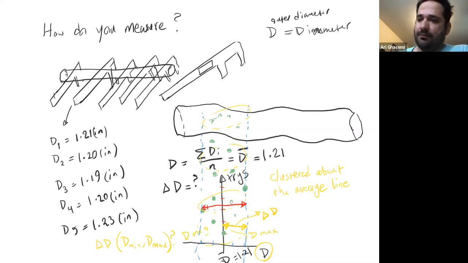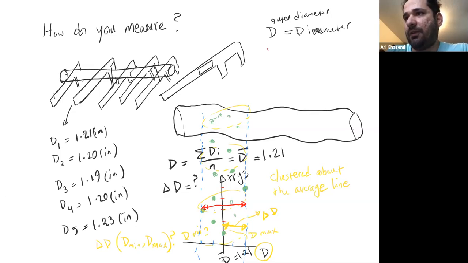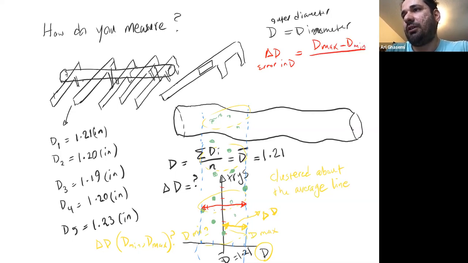Exactly. That's exactly right. So here, delta D, let me write it here. This is the first formula that we used. Delta D, or error in D, is equal to D max minus D min divided by 2.